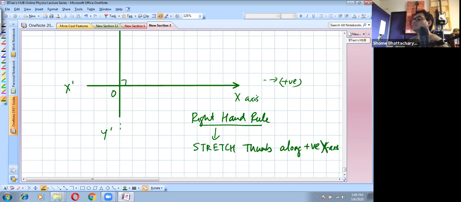Take your right hand and stretch your thumb along the positive x-axis. Okay. Then stretch the four fingers along positive y-axis. So roughly speaking, and excuse my drawing skills here, which are next to absent.